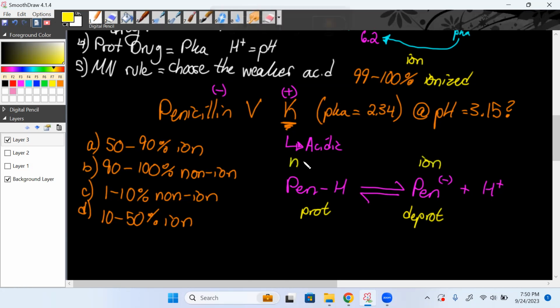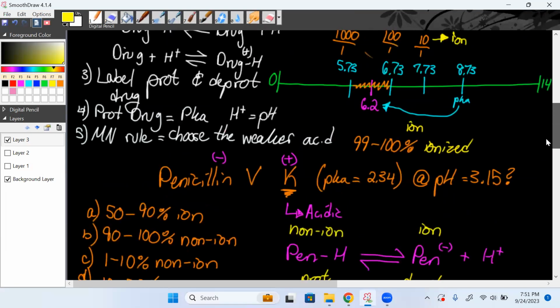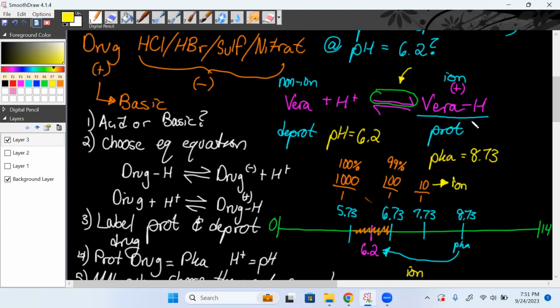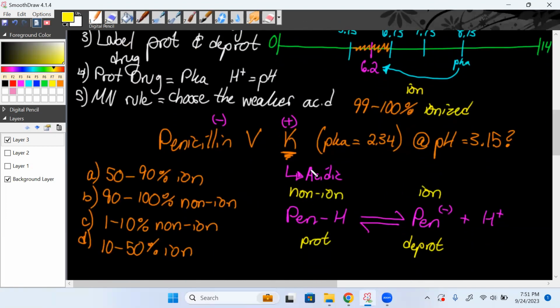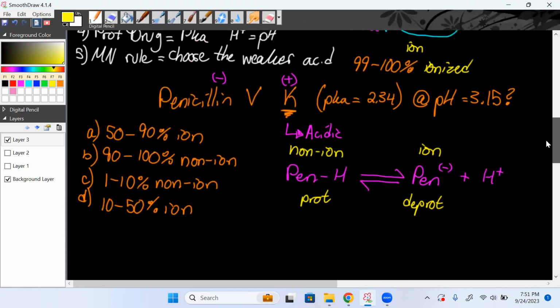And here we have the non-ionized drug, which I want you to note that up above, the protonated drug was ionized for a basic drug. But down here, the protonated drug is neutral. So just because it's protonated doesn't mean that it's always going to be ionized. It depends on what kind of drug we're working with. So don't make that assumption.